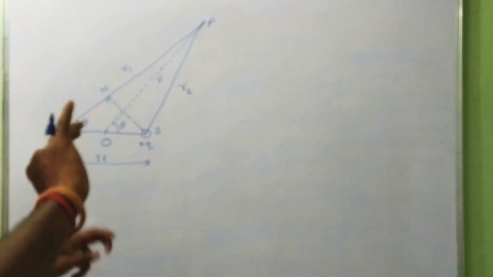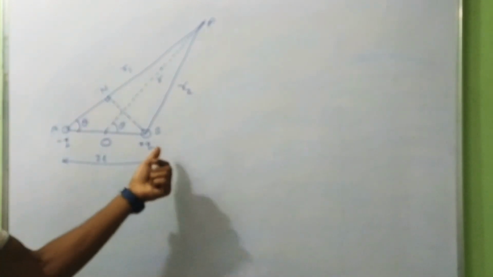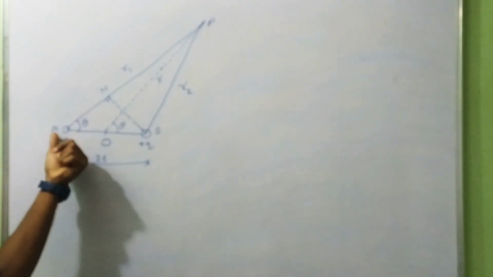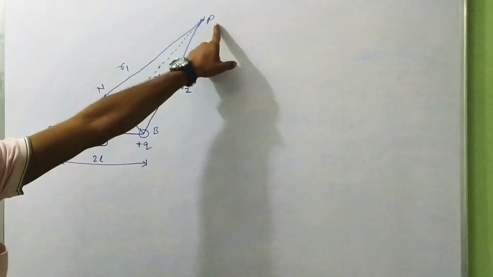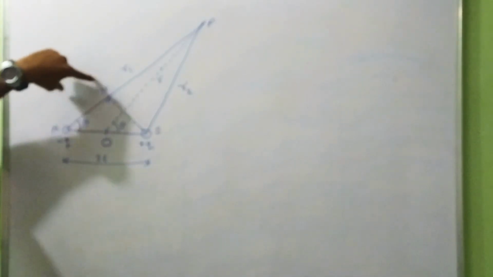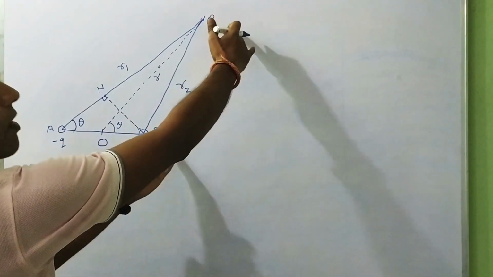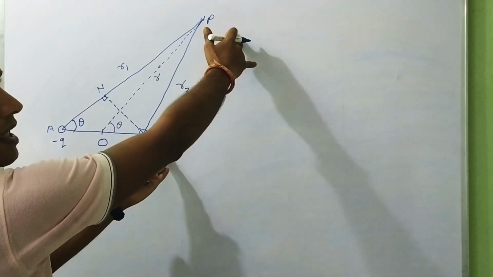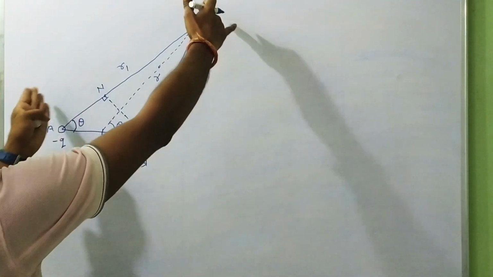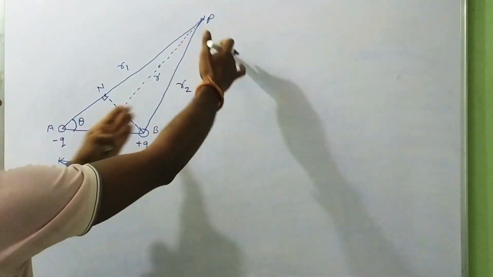Now the difference of the distances of point P from point B and from point A will be this one, AN. This one is greater than R2. That's why the difference will be R1 minus R2.